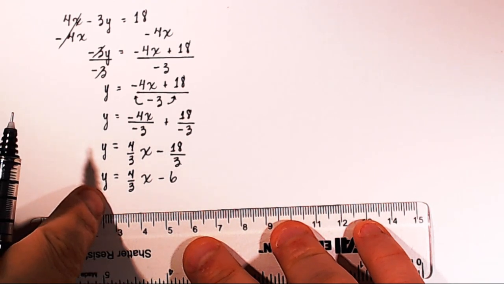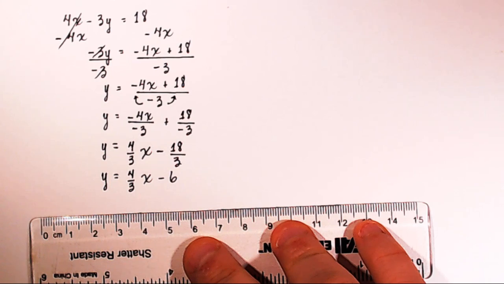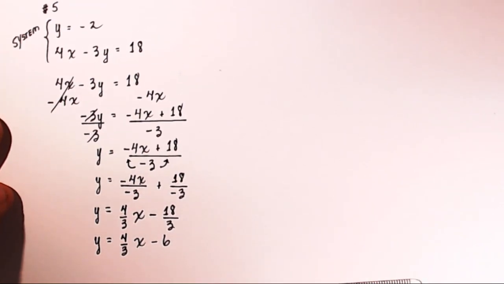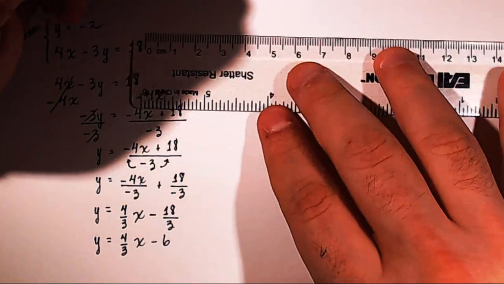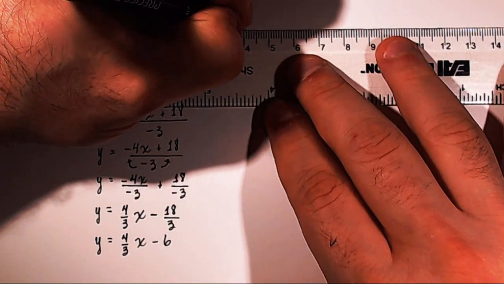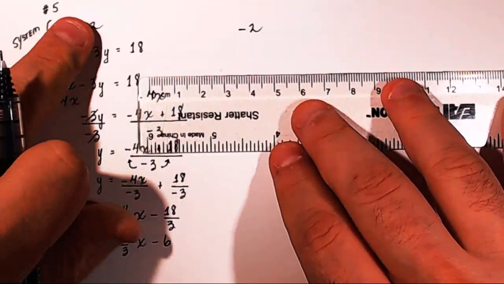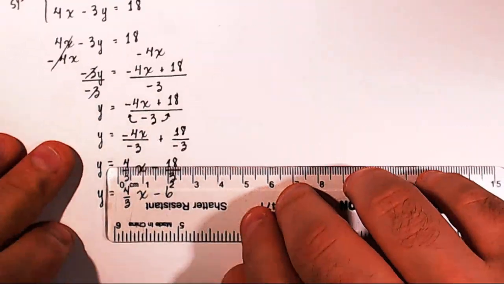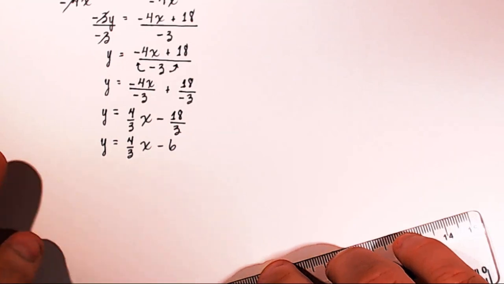So now that I have this equation, I can set it equal to my other equation. And this is going to be a rather simple one. So I have my first equation, which is just negative 2, because I'm just going to take this part of it, equals 4/3 x minus 6.